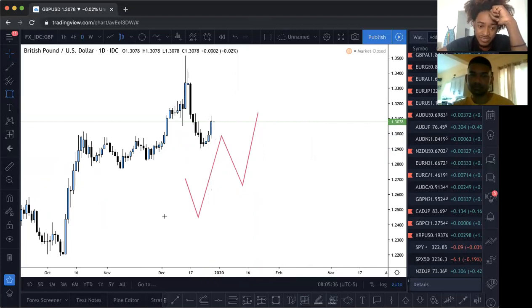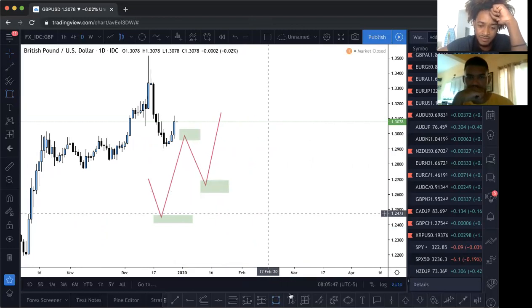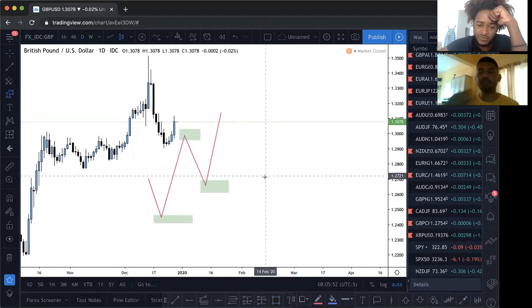The zones that are the valleys and the peaks. And then it has the CP zones, right? That's Continuation Pattern.